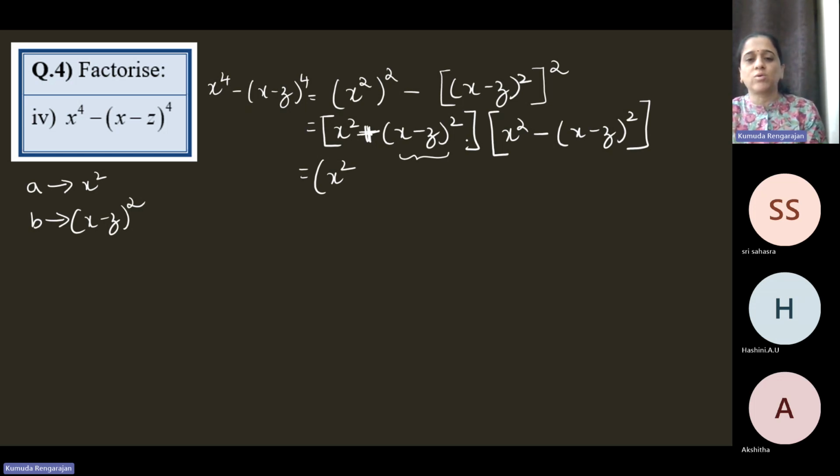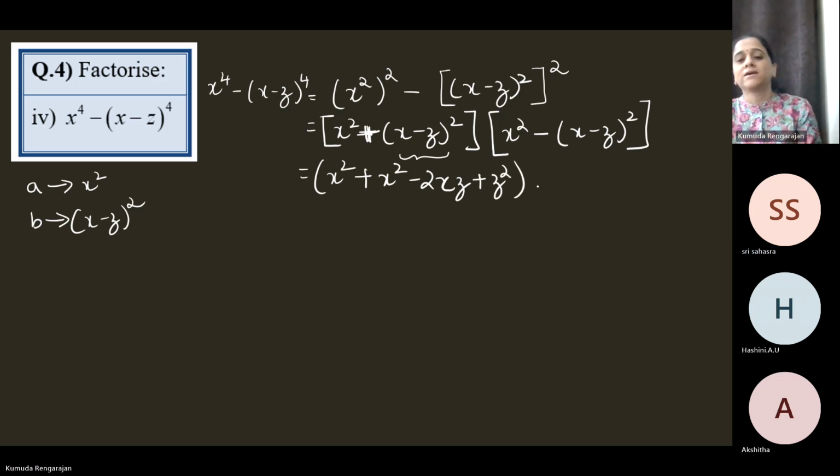What is x minus z the whole square? It's like a minus b the whole square. If a minus b the whole square is a squared minus 2ab plus b squared, then what is x minus z the whole squared? X squared minus 2xz plus z squared. Correct.